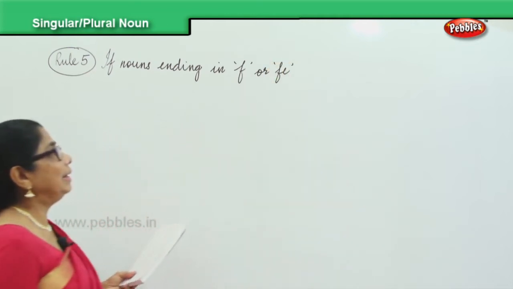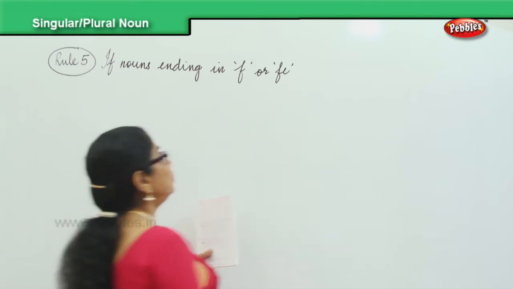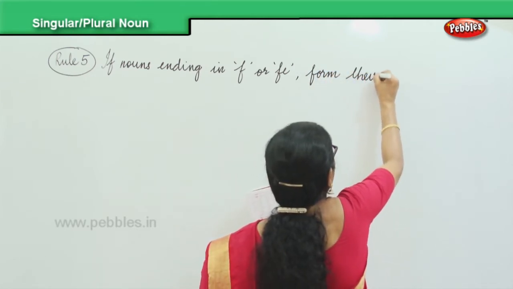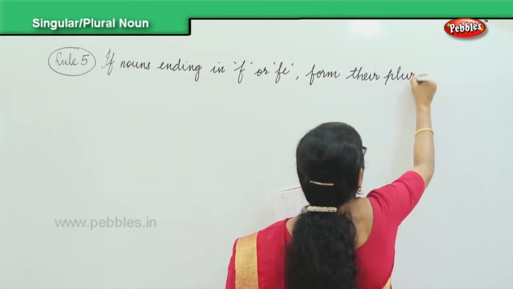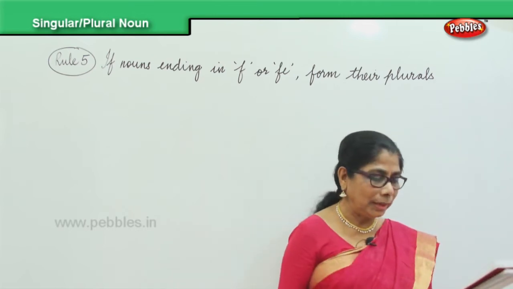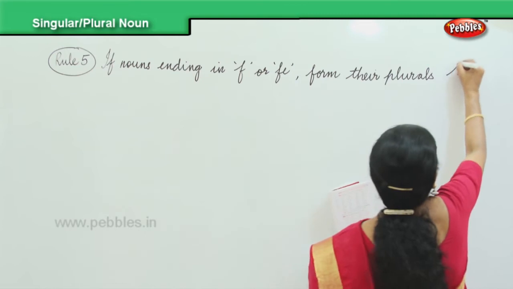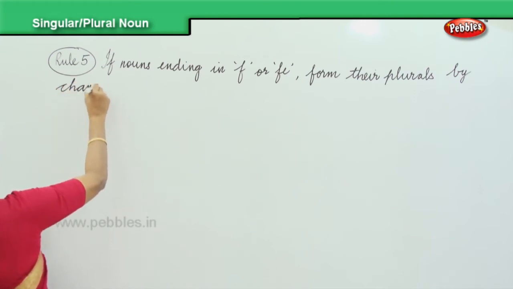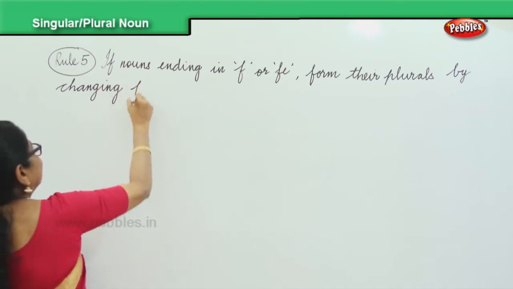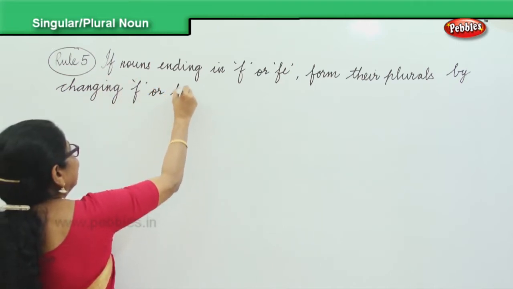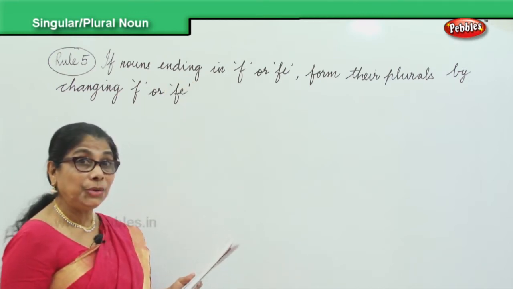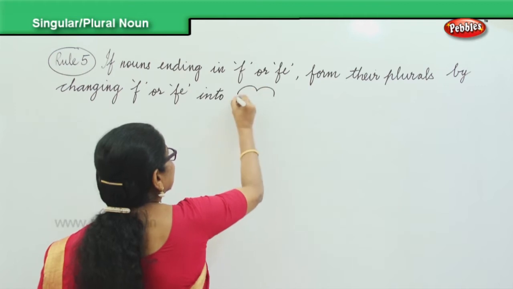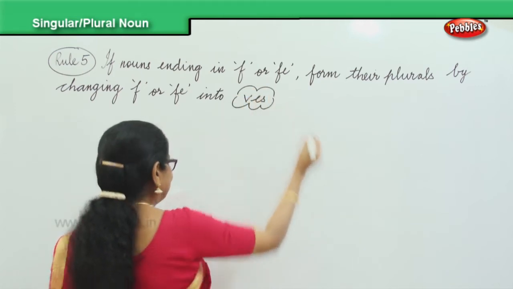If you have nouns ending in F or FE, form their plurals by changing F or FE into VES.